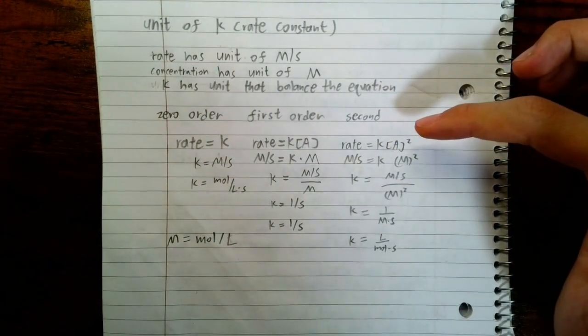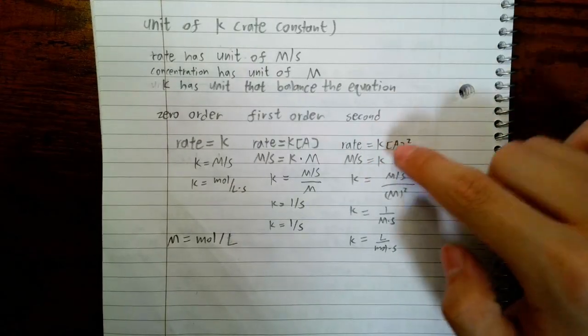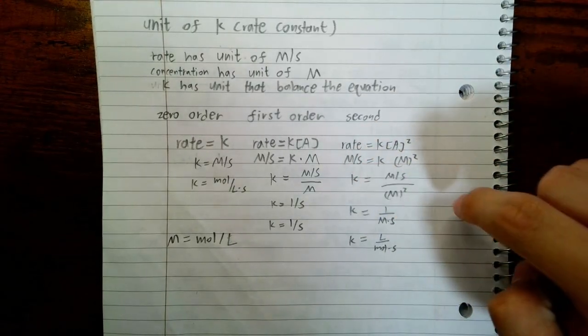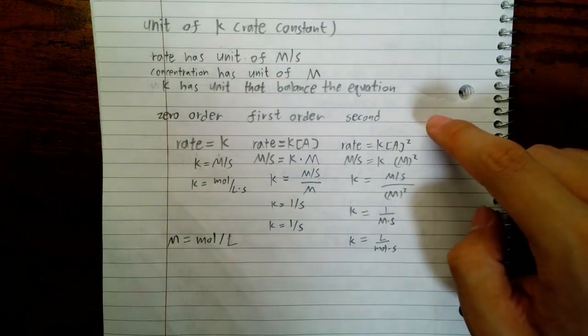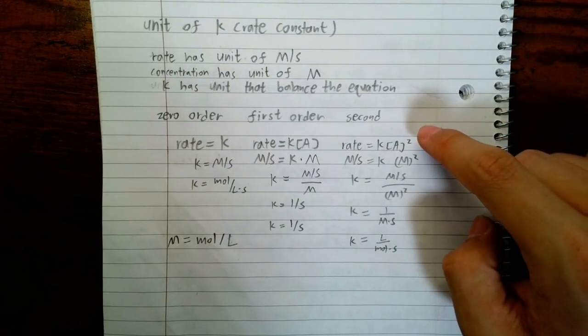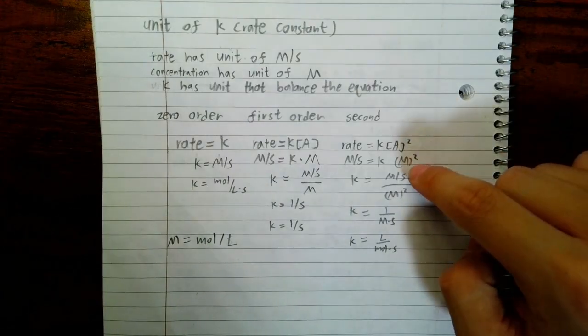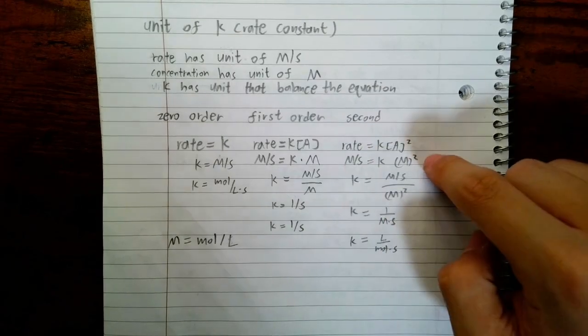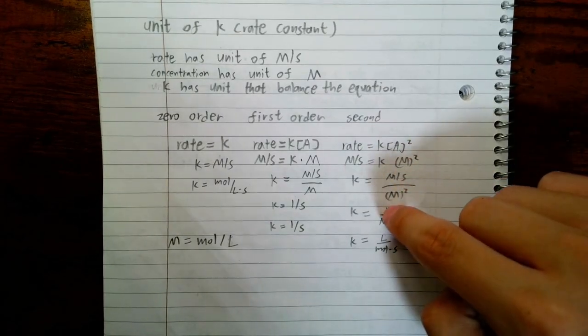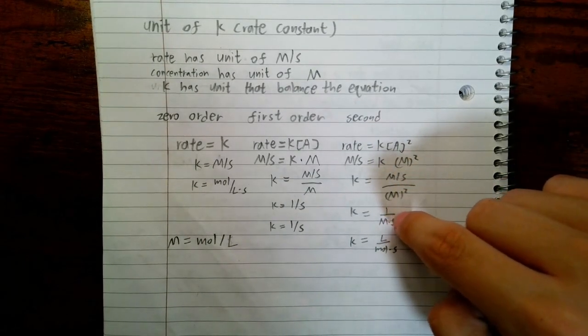For the second order, we do the same thing, and the rate is M over s, and now it has a power of 2, or we can say A has an order of 2, and we plug in M to the power of 2, and we have this divided by this, and we get the unit is 1 over M times s.